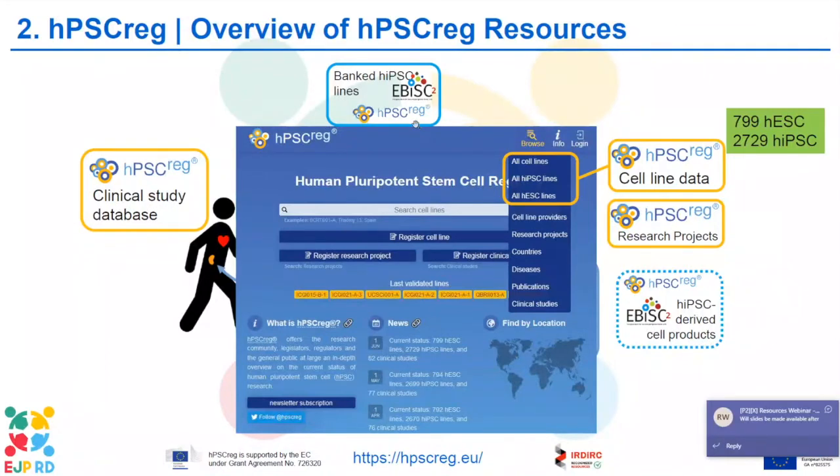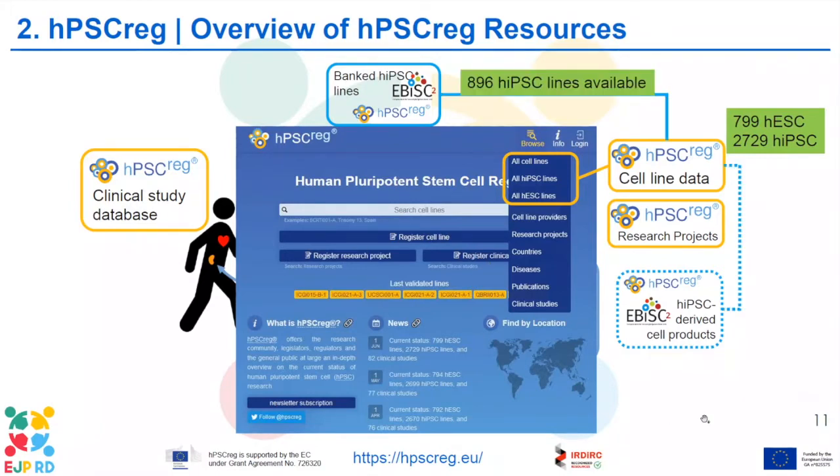This is a biobank of iPS cells. For the eBISC biobank, we have 896 iPS cell lines available, and we host all of this data. And in the future, we will also host the data for the iPSC derived cell products being produced by eBISC.